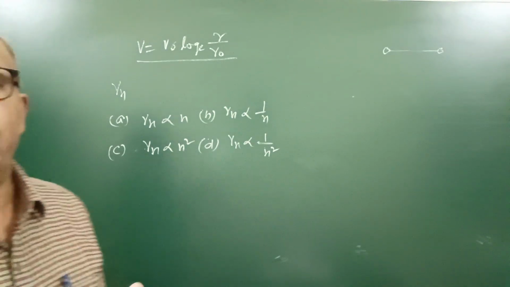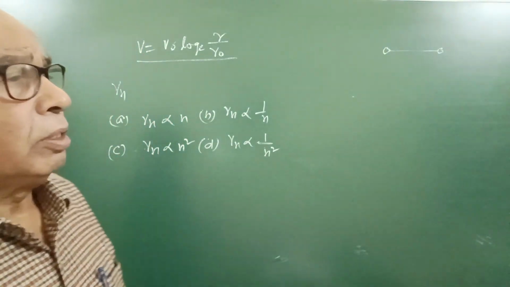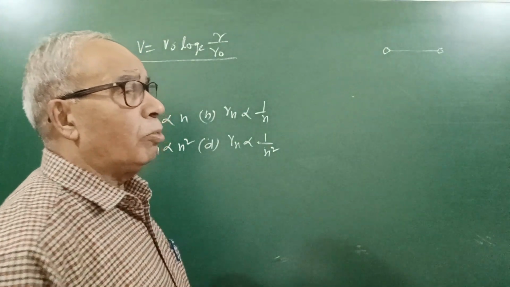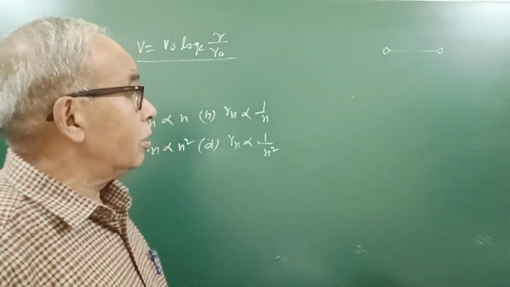In class 11, it is taught that a conservative force is equal to the negative of the gradient of potential energy.